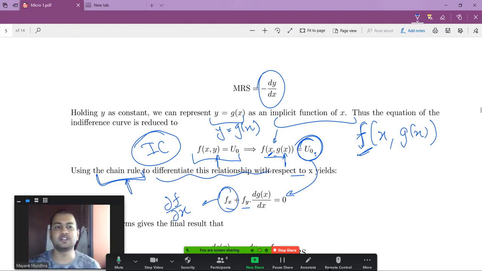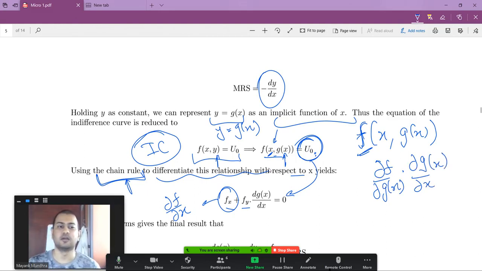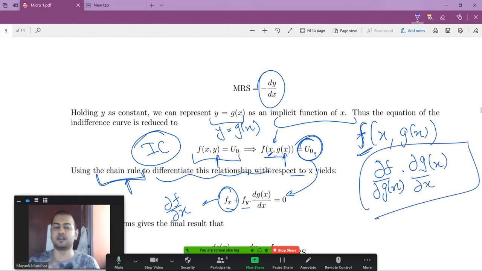And then you differentiate f with respect to g of x and then multiply this by del g by del x. This is the chain rule. So instead of differentiating it with respect to x, you differentiate it with respect to g(x) and multiply it with differentiation of g(x) with respect to x. Okay. So this summation has to be 0.